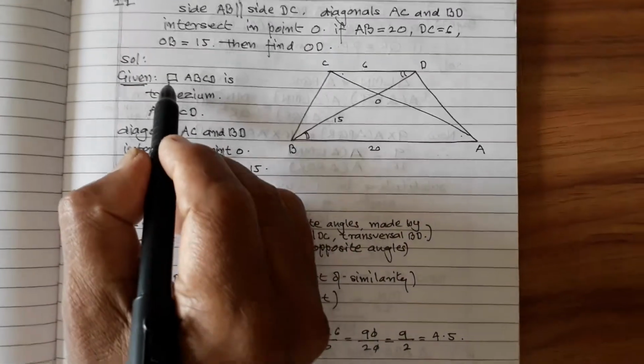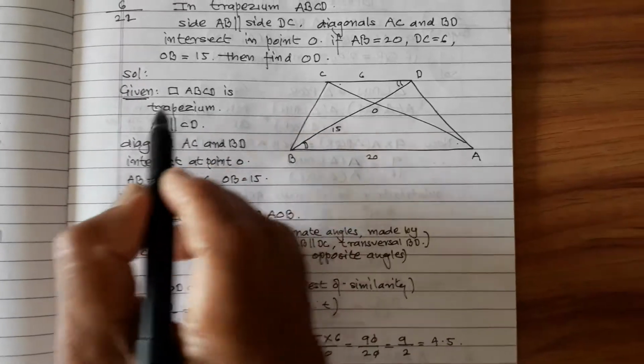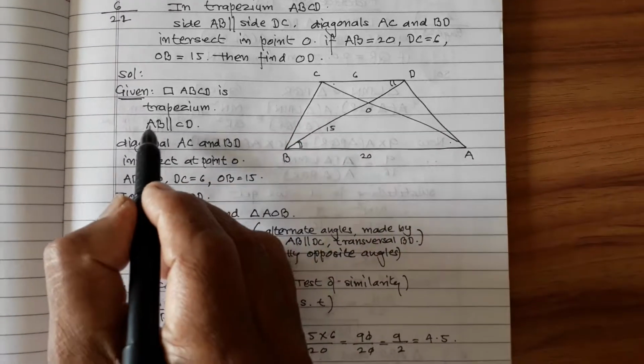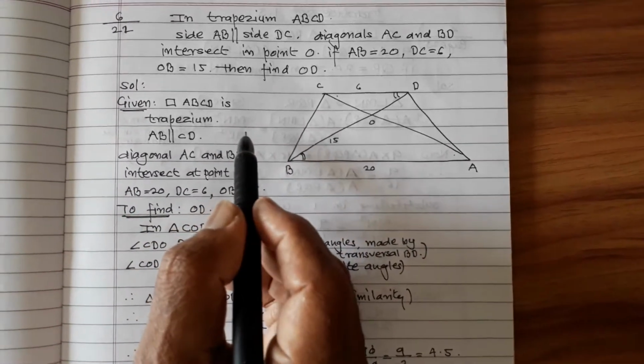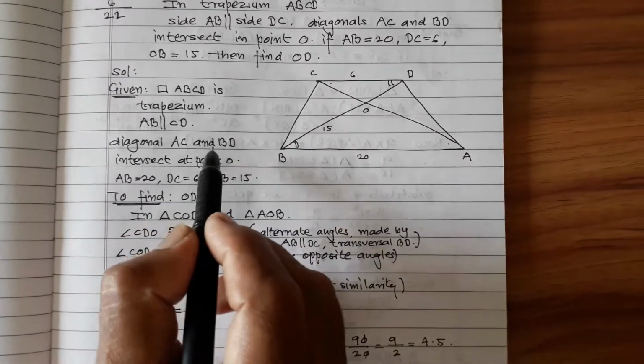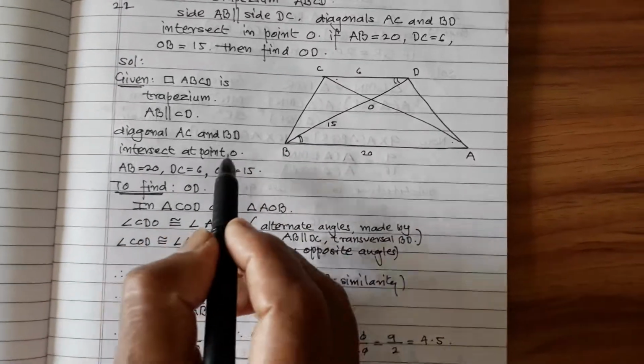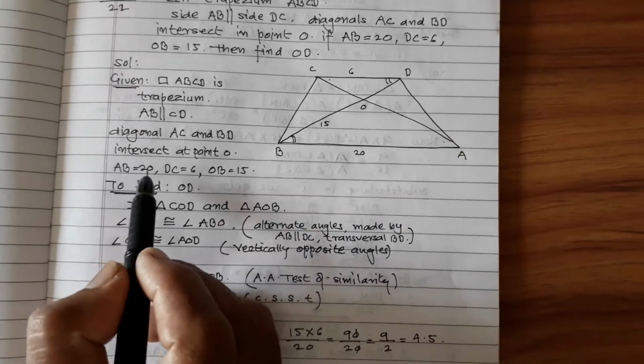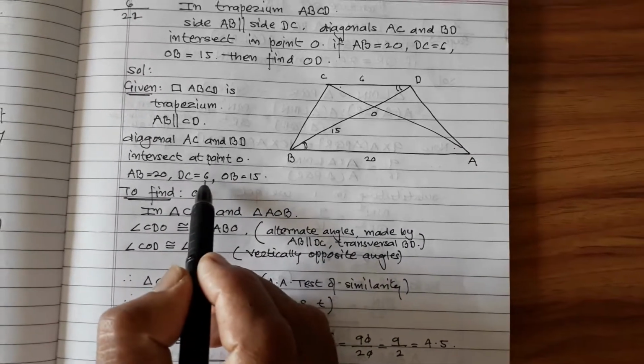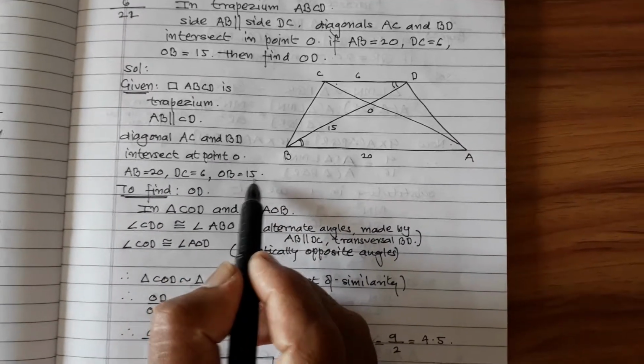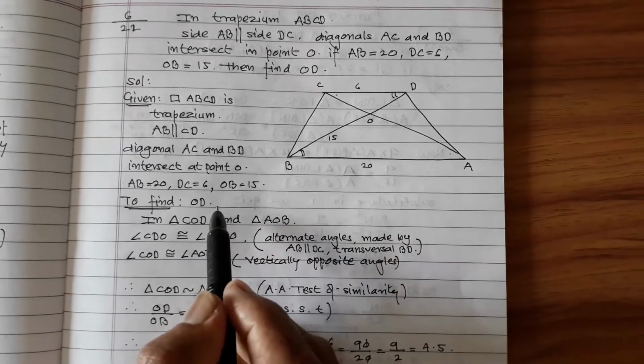Given quadrilateral ABCD is a trapezium, AB parallel to CD, given, diagonal AC and BD intersect at point O. AB is equal to 20, DC is equal to 6, OB is equal to 15. Find OD.